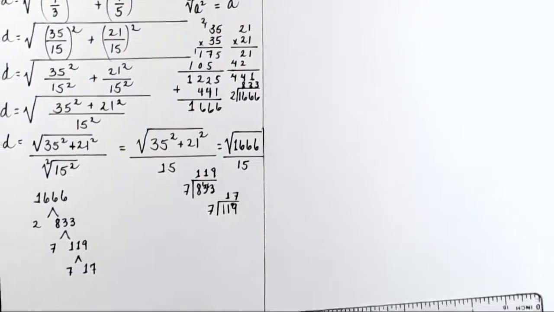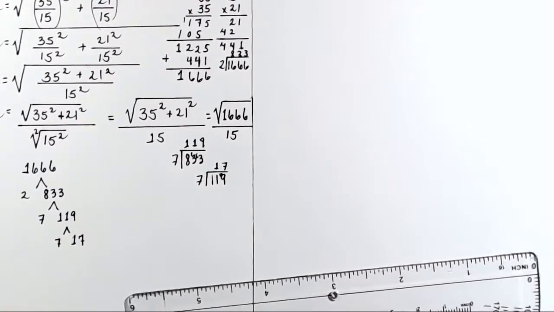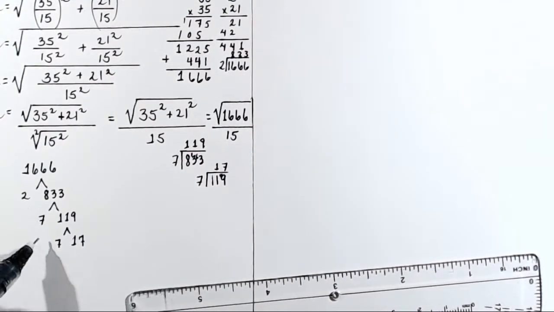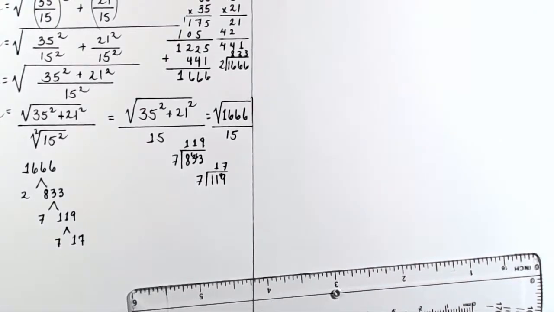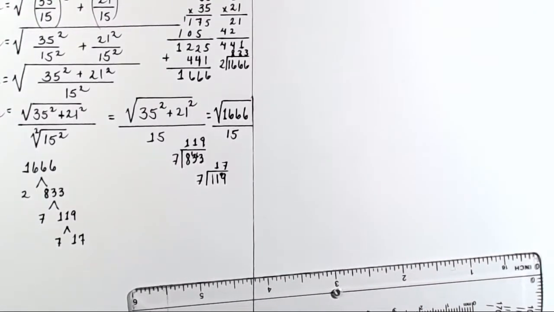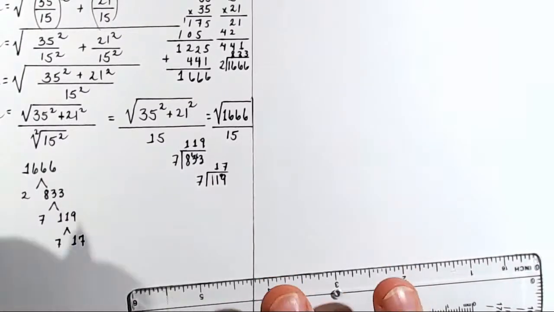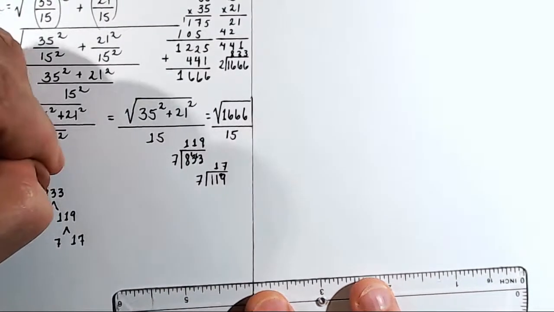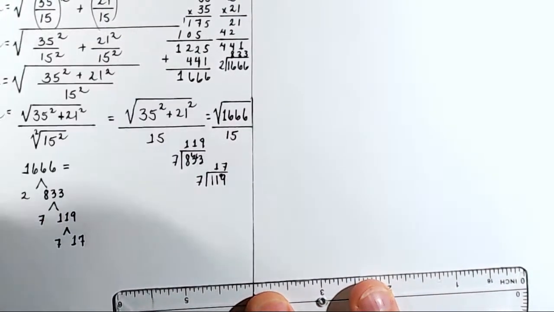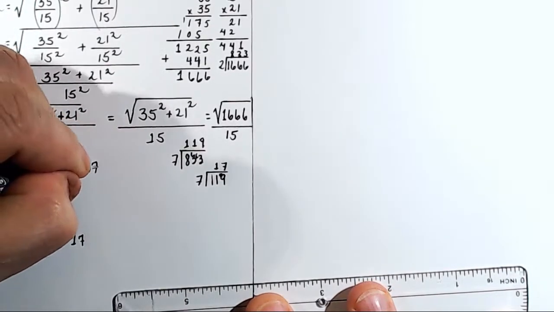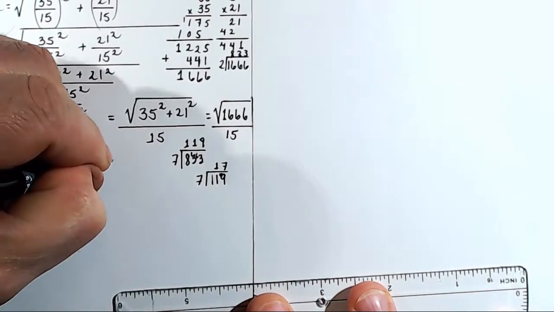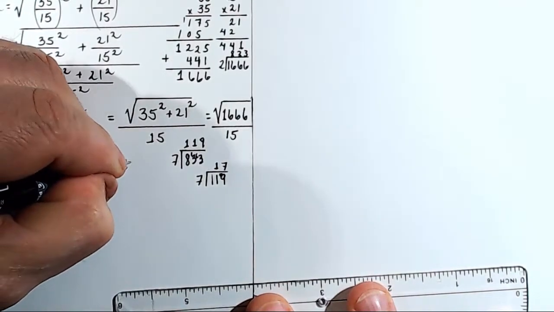And here's the deal. We have arrived at prime numbers all around the edge: 2 times 7 times 7 times 17. Okay? So you can rewrite 166 as the product of these prime numbers. 2 times 7 times 7 times 17.